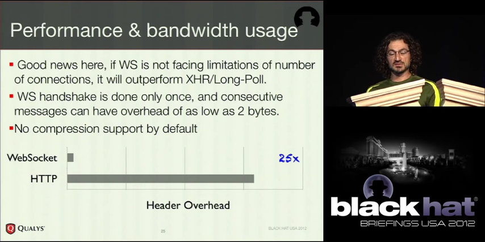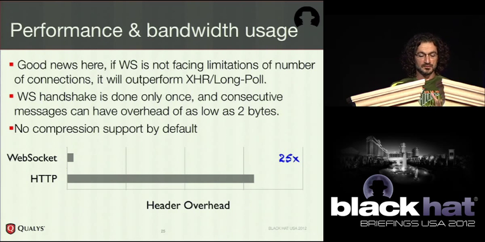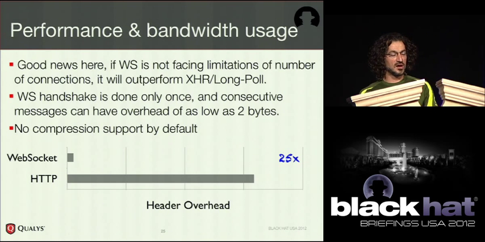And this is basically, as Mike mentioned, because of the compactness of the protocol. Handshake is done only once, and then consecutive packets can have overhead as low as 2 bytes.